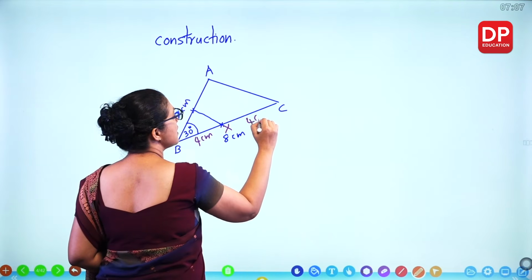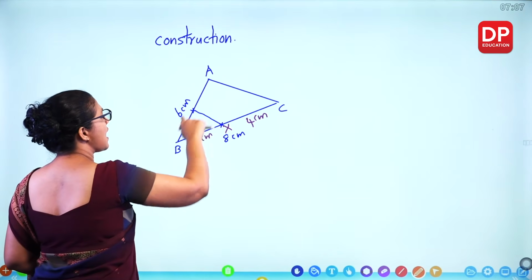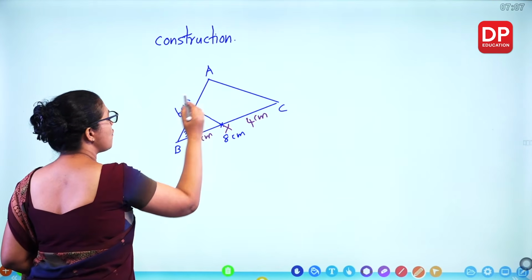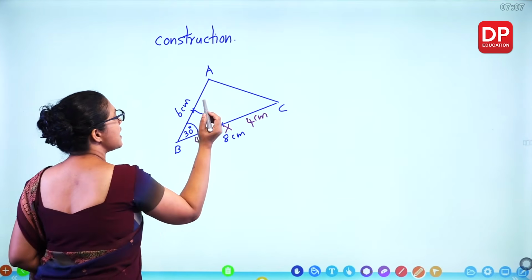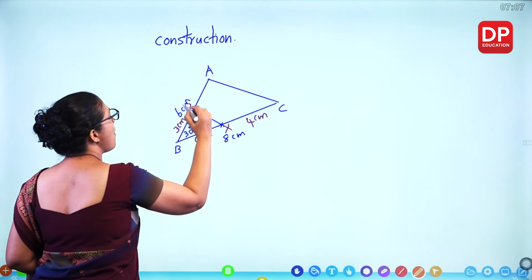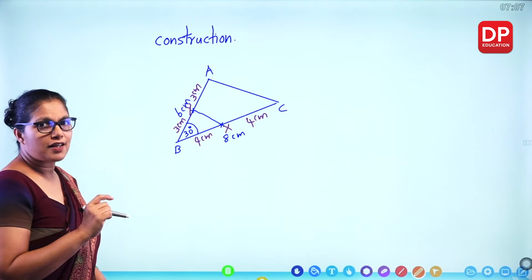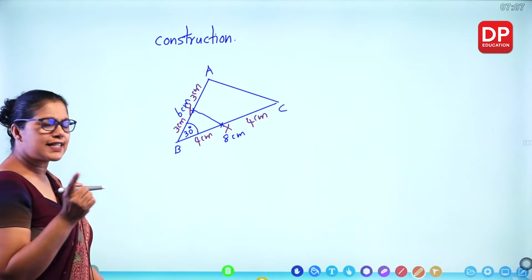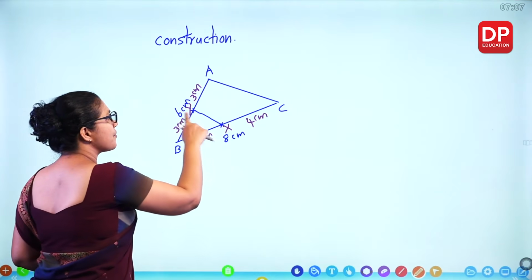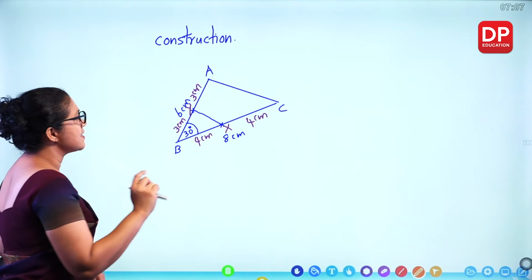Here, 4 centimeters. And then what you have to do? Take the other side, that means the midpoint of BA. We'll take it as Y. That's 3 centimeters away from B. So mark the point Y and connect X and Y. Now you have to check these things.